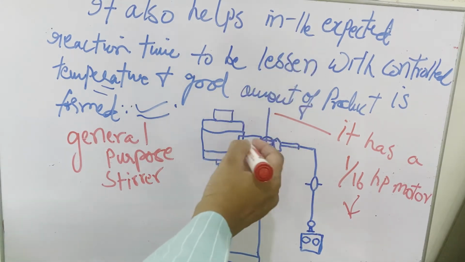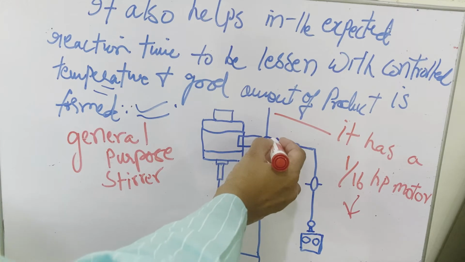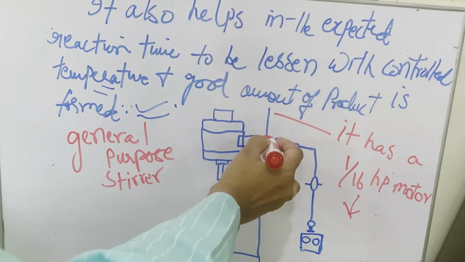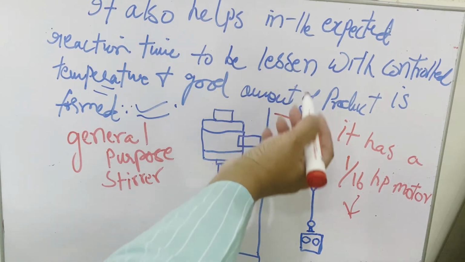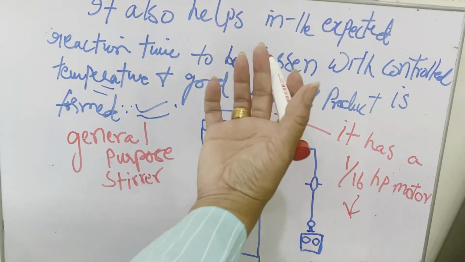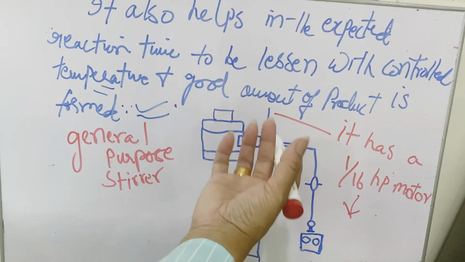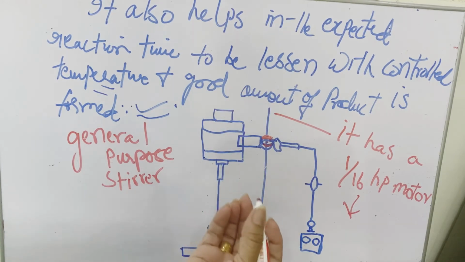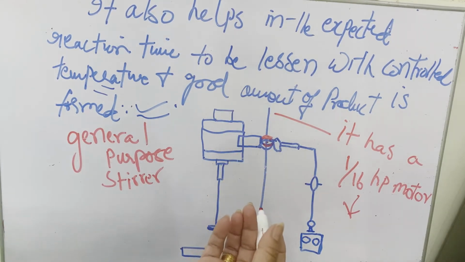Now for this you need to hold it with the help of rubber tubings also. Mostly rubber tubings are used for glass stirrers, right? When the glass stirrers are used, they are a bit thicker, they have thick walls, so rubber tubings are used.